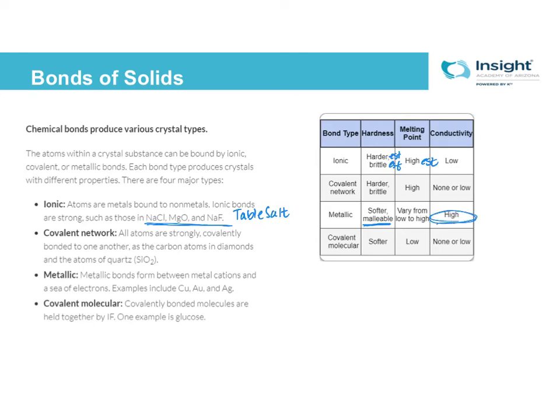Then your covalent molecular bonds are going to be things like glucose or sugars. They are softer, so less brittle, closer to the side of malleable. They have low melting points and also have no conductivity.